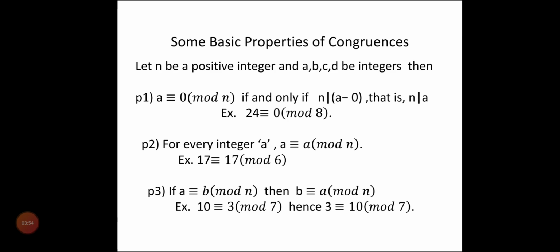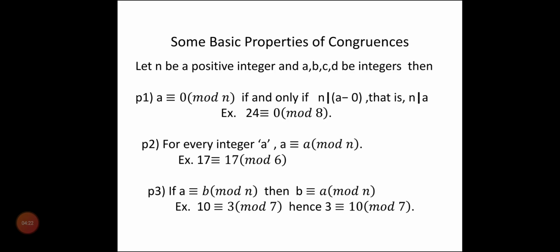But of course 3 minus 10 is minus 7, which is divisible by 7, and therefore 3 is also congruent to 10 modulo 7. Students, you may remember this property is called the symmetric property. The first one, that is P2, is called the reflexive property. P3 is called the symmetric property.